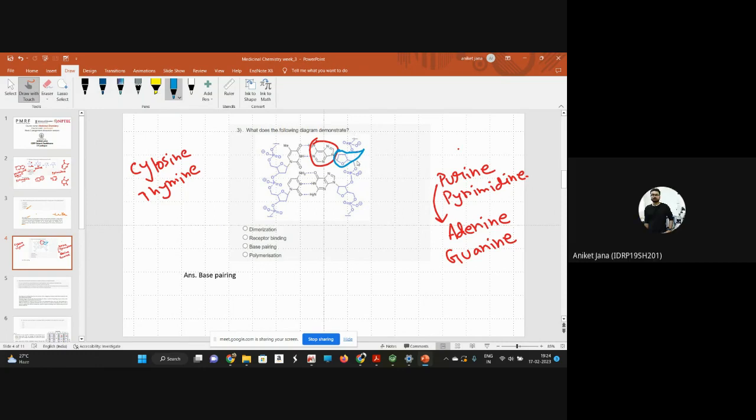And this one, the phosphate linking moiety. So the backbone of the nucleic acid is made of a base, a ribose sugar, and a phosphate moiety linking them up. These constitute the backbone of our nucleic acids.